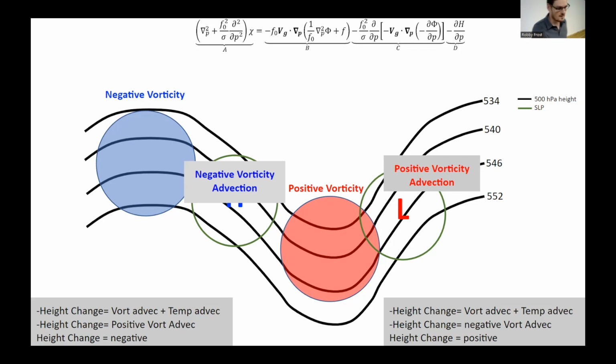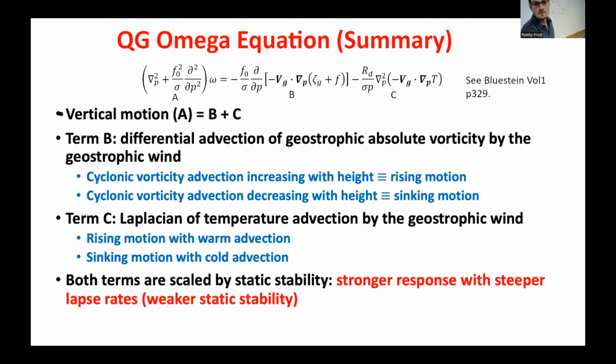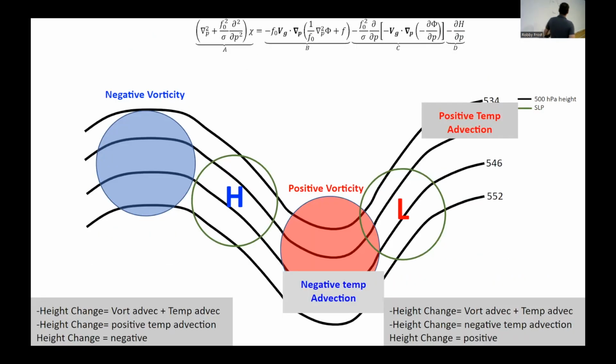We can actually do the same thing with temperature advection. So I've added the surface low and stuff on there. We've got a surface low that's right here, and we'll say surface high pressure right there.